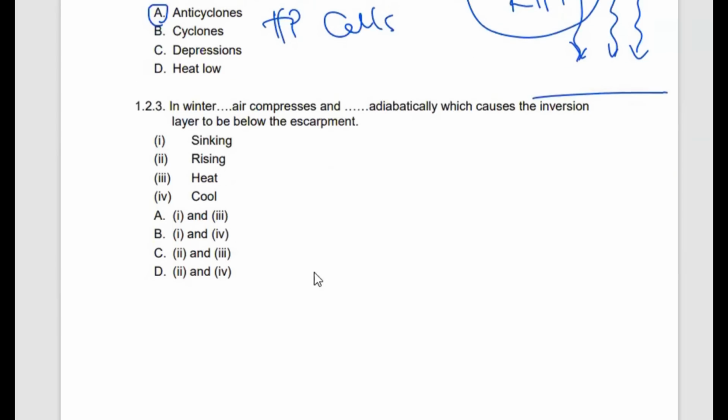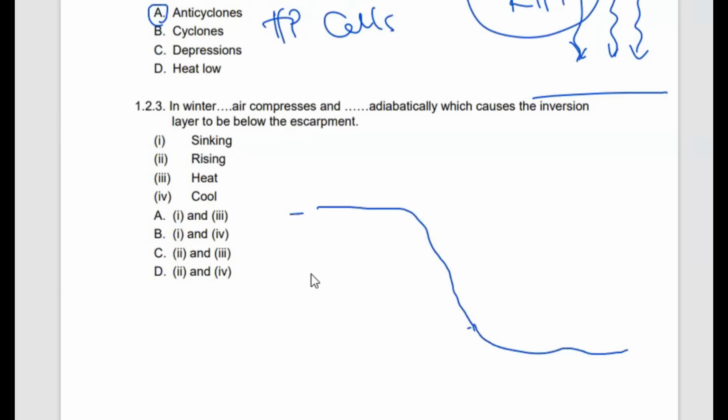Right, we move on to the next question, which is number 1.2.3. Right, for 1.2.3, we are saying in winter, dash air compresses and dash adiabatically, which causes the inversion layer to be below the escarpment. We are looking at this situation of the escarpment and the inversion layer.